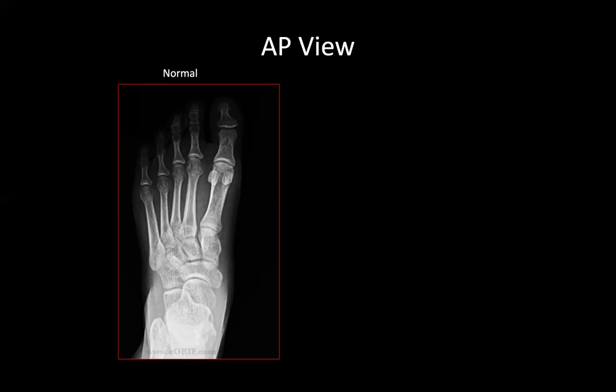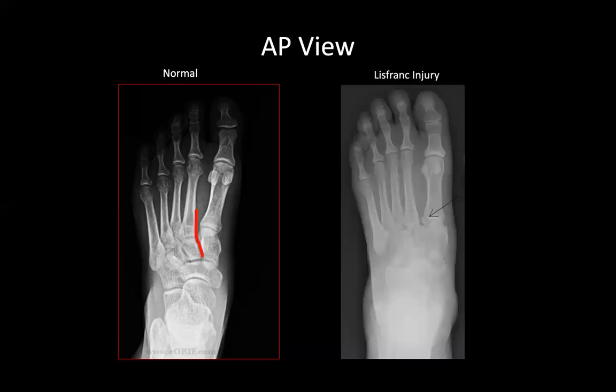But if you're going to remember one thing, make sure that the second ray is in line with the medial aspect of the middle cuneiform. That relationship should be preserved. What you see here in this injury on the right is a clear disruption between those two lines, and that's an indicator of a Lisfranc joint injury. So we spend a lot of time with Lisfrancs looking at that particular relationship.